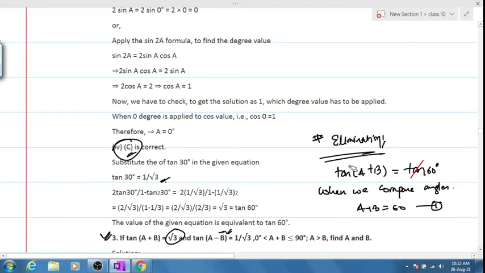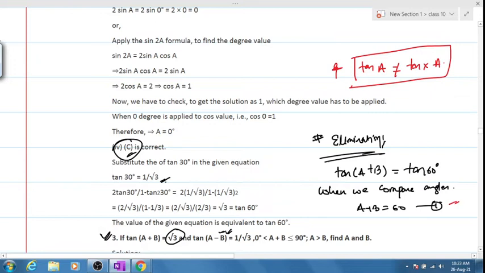You are not supposed to cut this off. Do not cut it, because we have already studied that tan A is not equal to tan into A. Had this been equal, then you would have cut this. Is it clear? Yes or no?